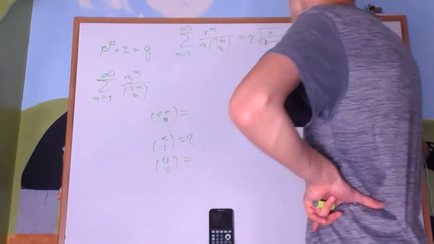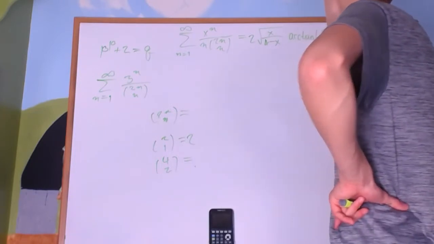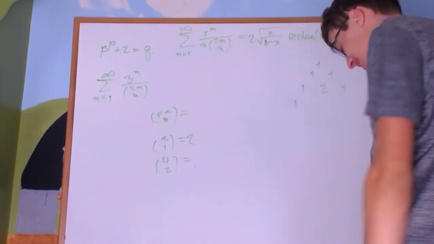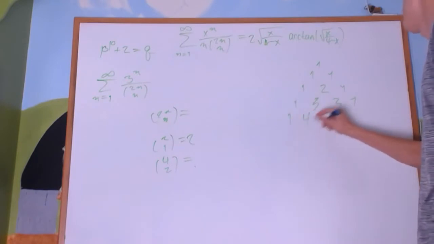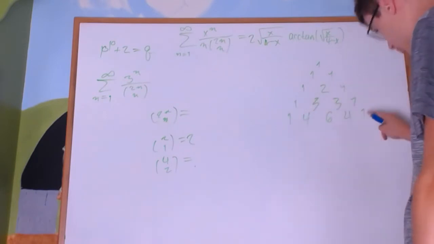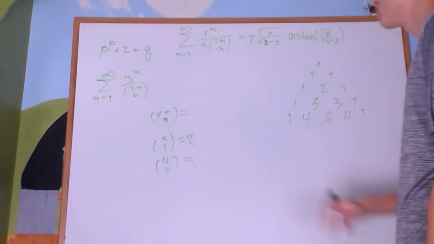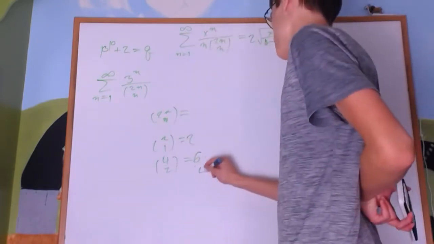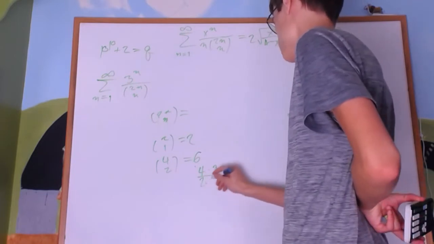It's related to Pascal's triangle. 1, 1, 1, 1, 2, 1, 1, 3, 3, 1, 1, 4, 6, 4, 1. Right there, 4 choose 2 is 6. Okay, how is that related? 4 times 3 over 2 times 1. That's how you do it.